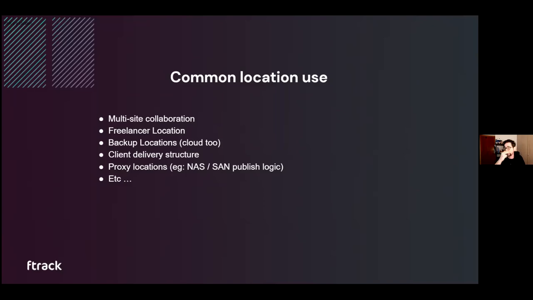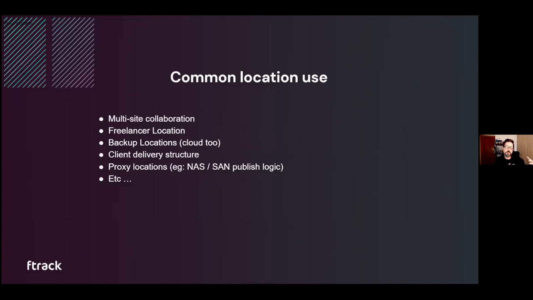Client delivery structure, that's another use that I've seen many times. It happens often in production that your client wants to have all the names published in their naming convention, not the one that your studio has been using for many, many years. And this usually ends up being a little script that has to take some names and convert them.